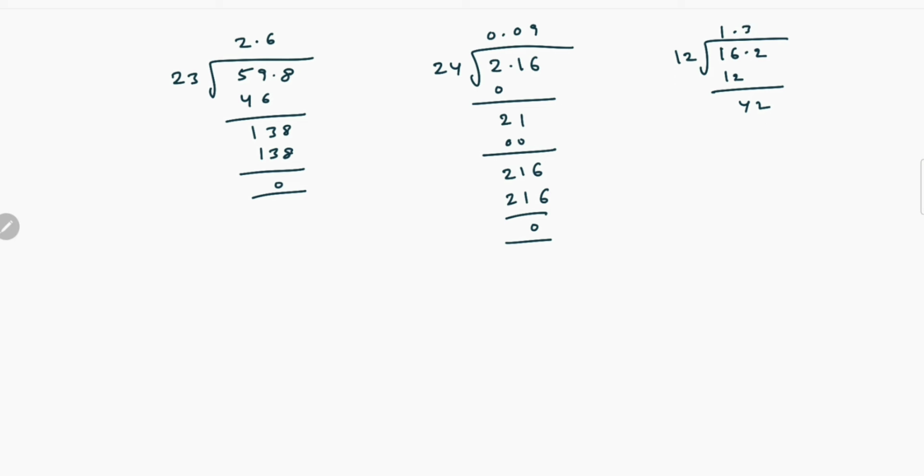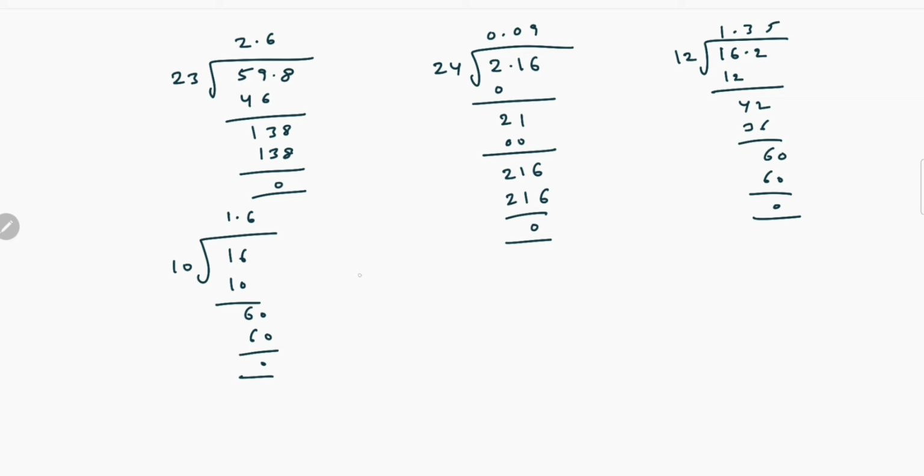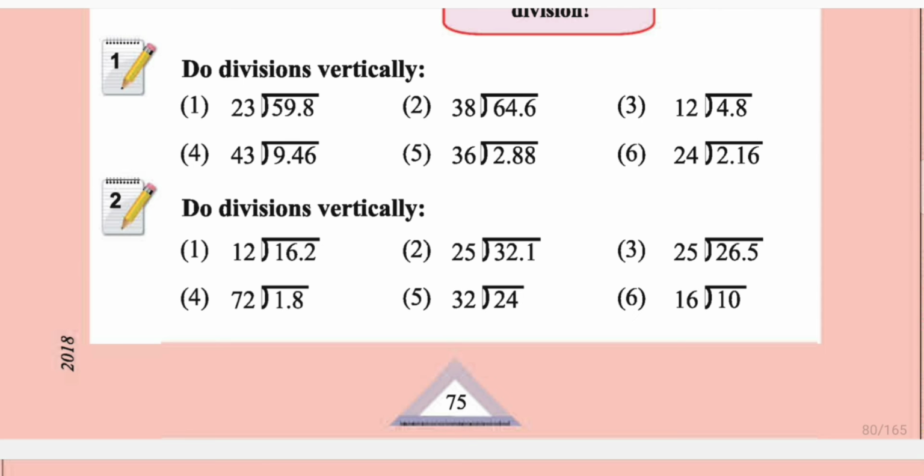Okay, 3 here. 6 will come down. 12 5s are 60. Now 16 by 10. 10 1s are 10. 6 will come down. Oh, this is not 16 by 10, this is 10 by 16.